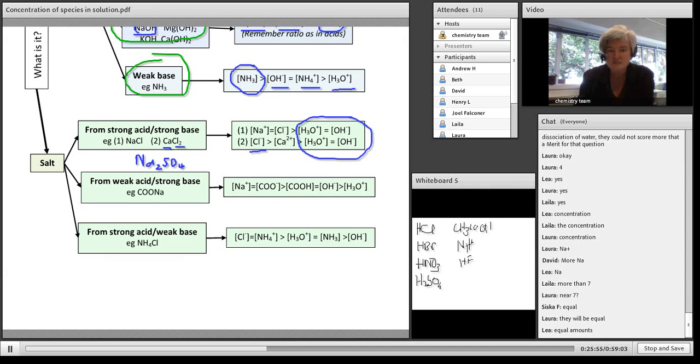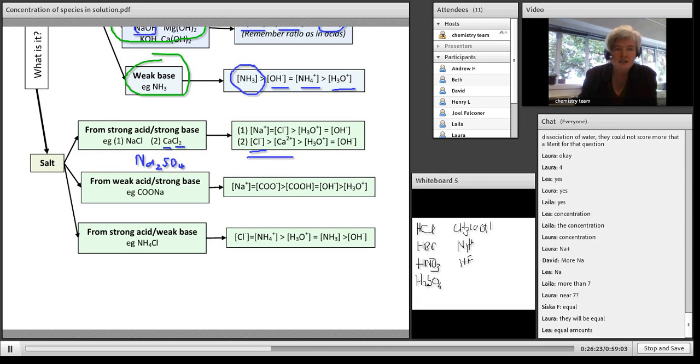And of course, these are going to be a lot less than the cation or anion, because you're only going to have 0.0000001, think of 6 zeros and a 1, moles per liter of the hydronium ions and hydroxide, compared to, say, if I had a 1 mole per liter of the salt solution, that'll be more than 1,000,000 times more concentrated.